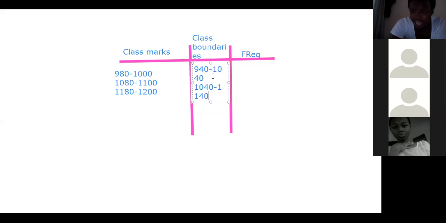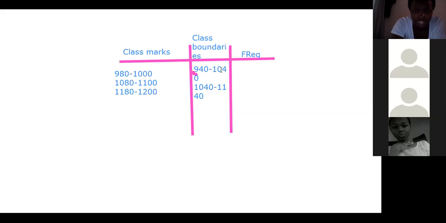Now the class size is the difference between this and this. And so the difference here is 40. I don't know if you're getting it. So the class size for this one is 40, or the class size for all will be 40. I hope I'm right.